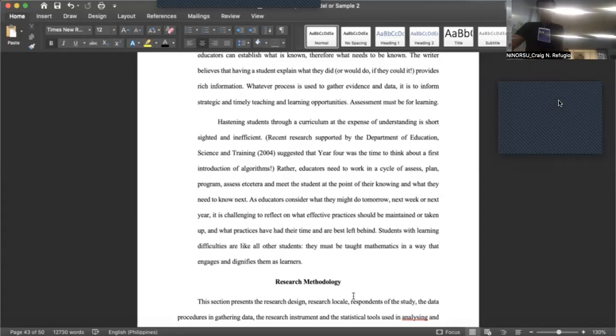For example, we have Gibbs reflective cycle model. So we relate each of those to the statement of the problem. And we look into Birch experiential learning theory, Cobb's experiential learning theory, and your own theory. So each of those theories is being related to the statement of the problem. So that's what you are going to consider in here.